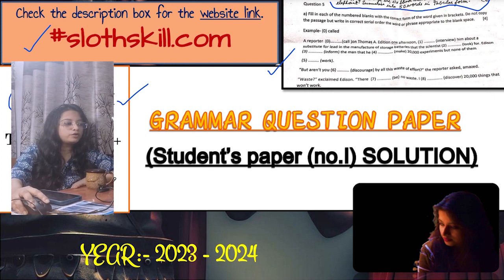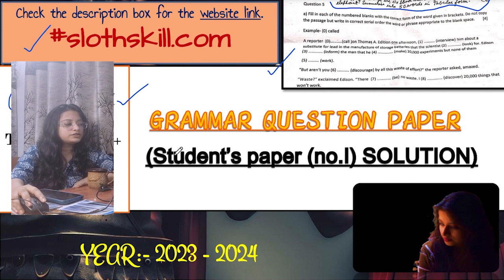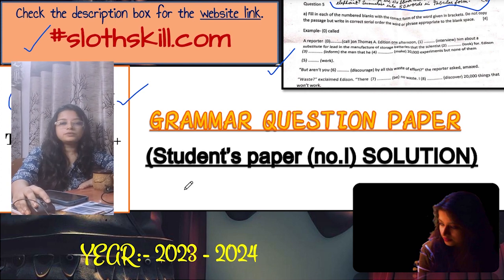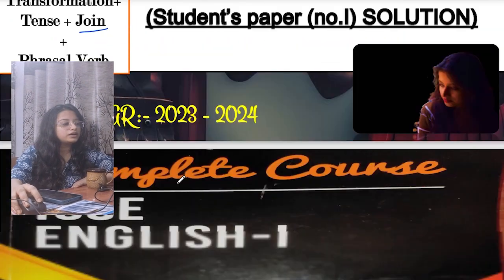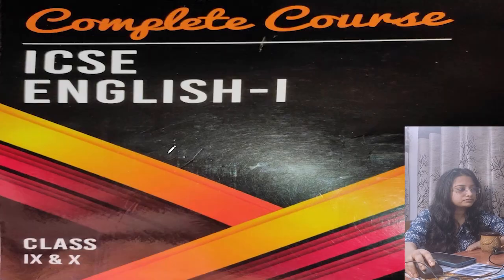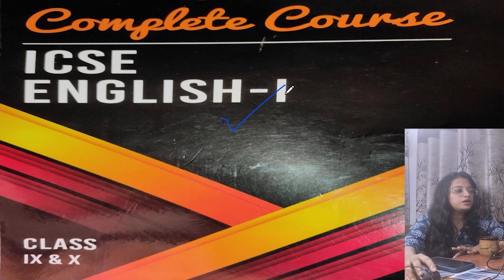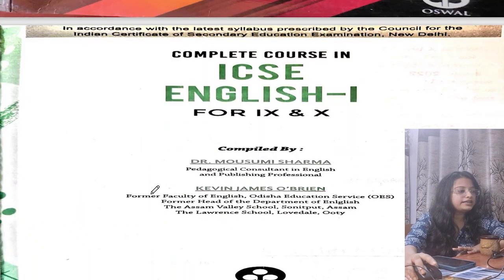Before we continue, phrasal verbs are important for all of you. I will show you the book that you can utilize for this purpose, which will be a kind of handbook for you: Complete Course ICSE English 1 for classes 9 and 10.